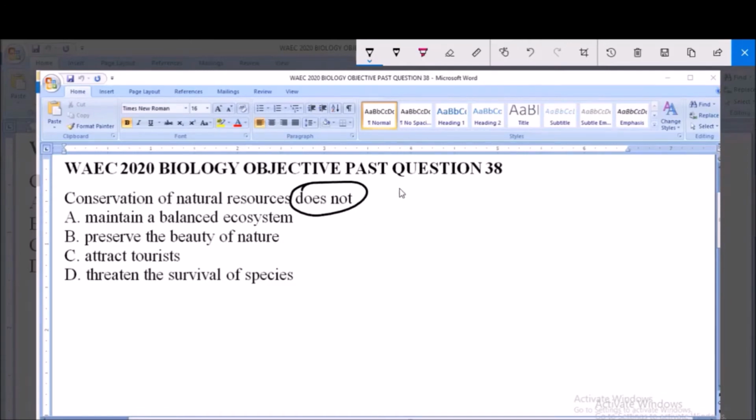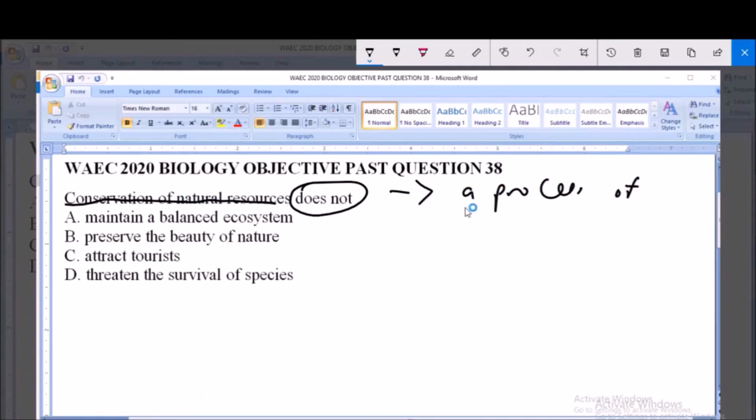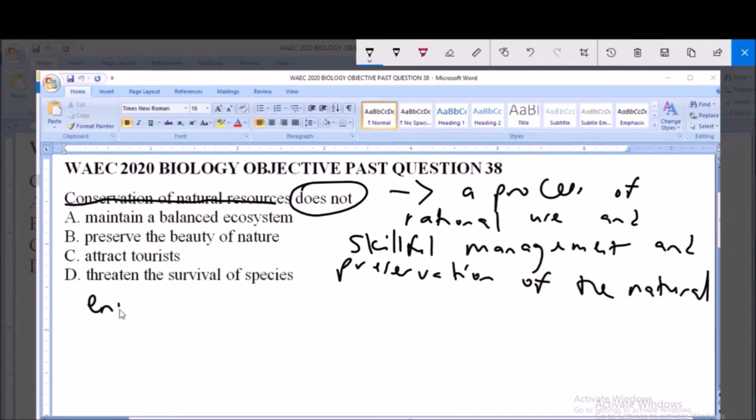So let's first take a look at the definition of conservation of natural resources. Now, conservation of natural resources is a process of rational use and skillful management and preservation of the natural environment and its resources.